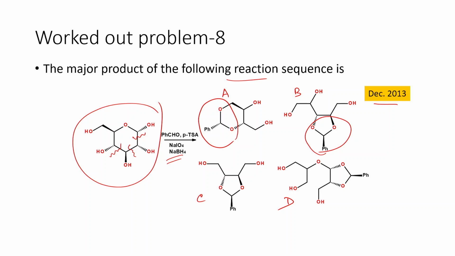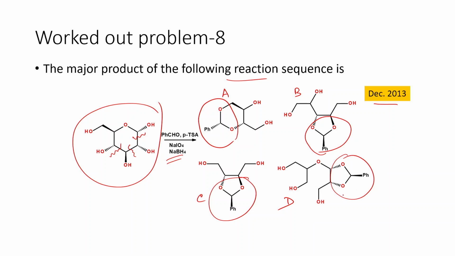In one of the products, we will have to see which two hydroxyls were protected using this benzaldehyde. Then the rest of the molecule is opened up. B and C both have the benzaldehyde protecting two hydroxy units, and the rest of the molecule is opened up. Product D also has the same way.